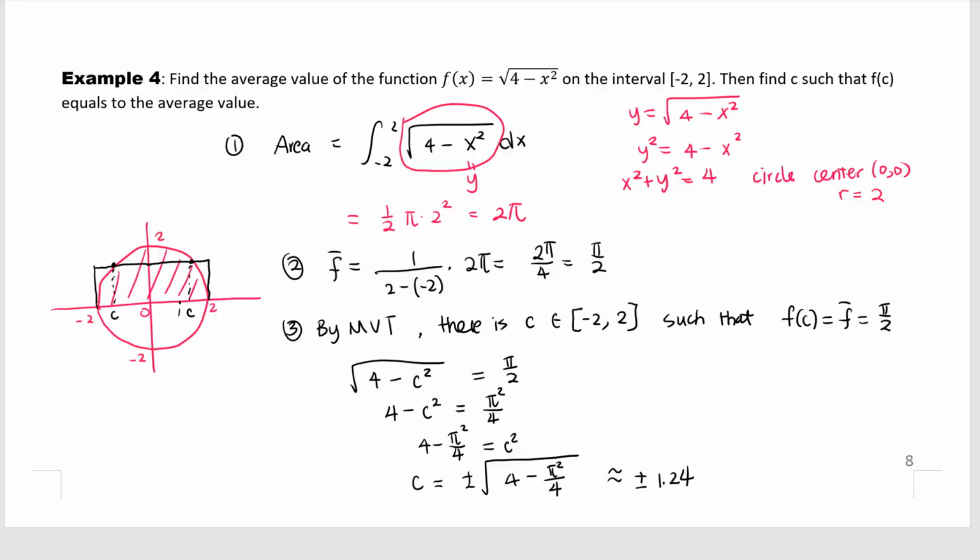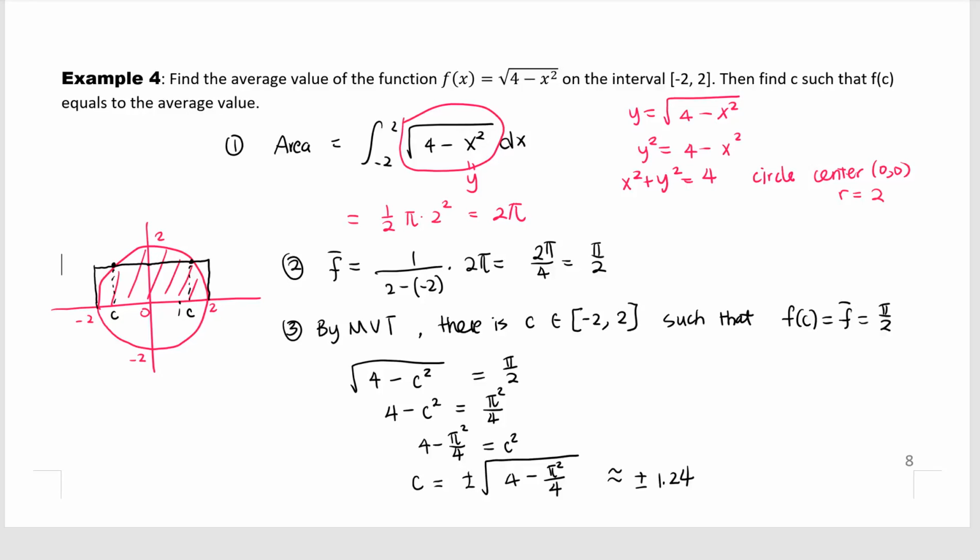And then we talked about the average value. Average value is like a summer day, a very sunny day, and maybe you jump into the pool and the water level rises up, right? So we have a function f, and after the water settles down, we get a rectangle. The area is the same.